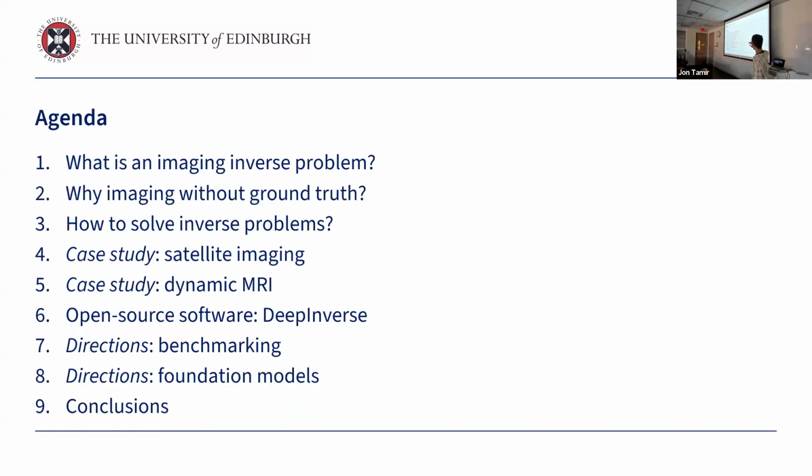Okay, so I'll talk about what is an imaging inverse problem, so we're all on the same page. I've just been, for example, this week in ISPE in Houston, and there seems to be a bit of confusion about what are the exact problems that we're talking about in image reconstruction. And why do we want to do this without ground truth, and how we do this in our research, and in some case studies for some real examples, across environmental and medical imaging.